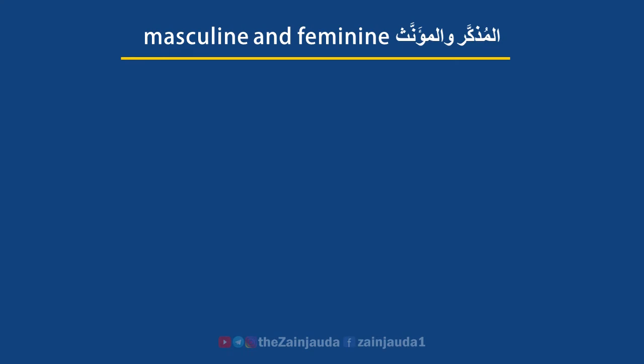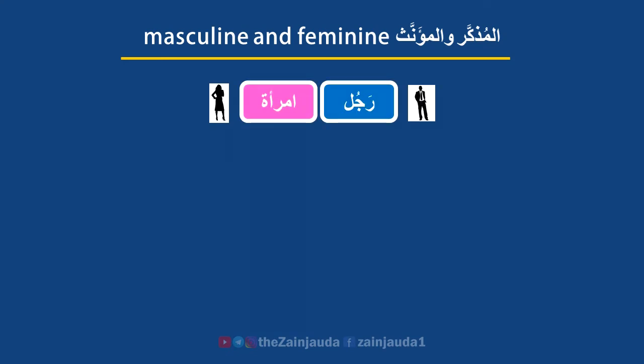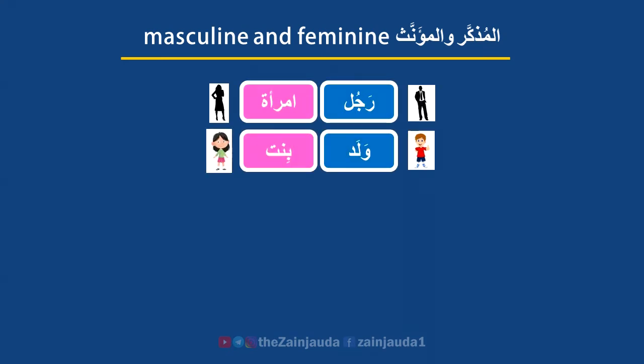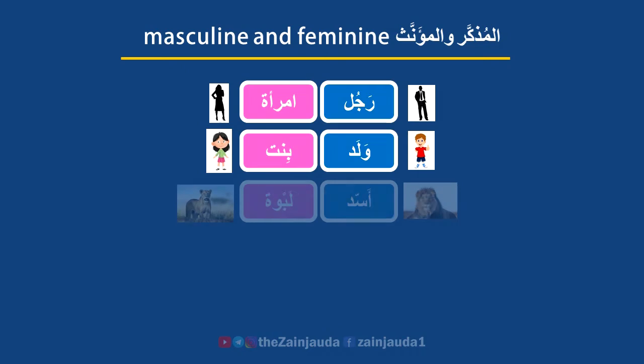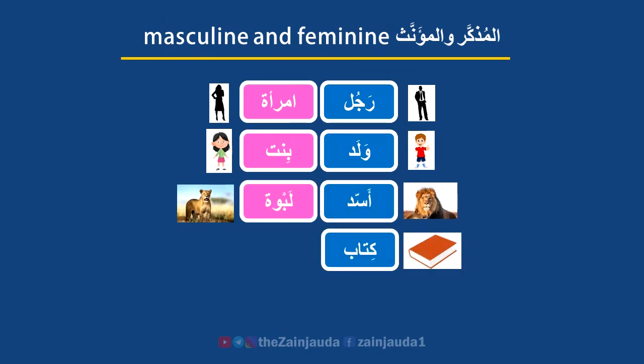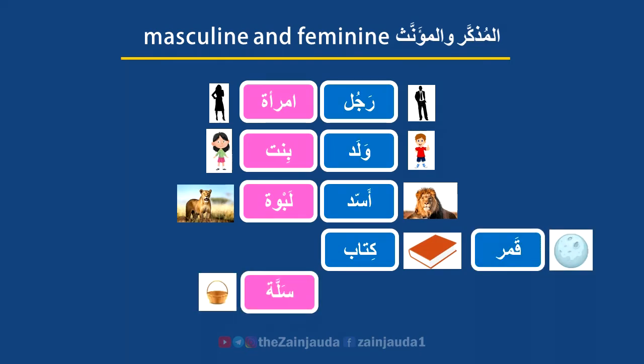Some pairs have special words for each gender, like rajul and imra'a, walad and bint, asad and labu'a. Some words have only masculine form, like kitab and qamar, and others have only feminine form, like salla and shams, and many others.